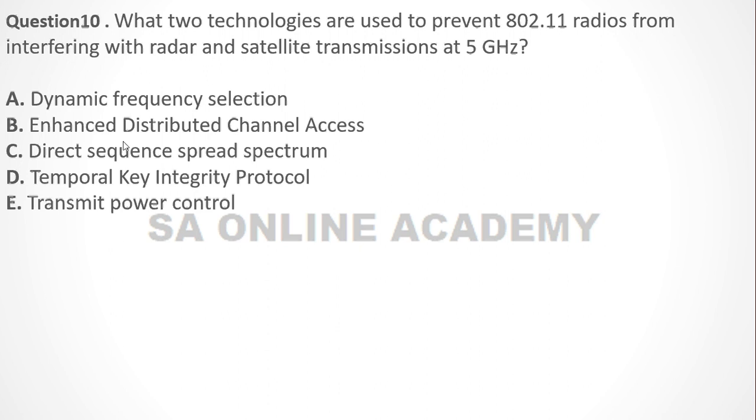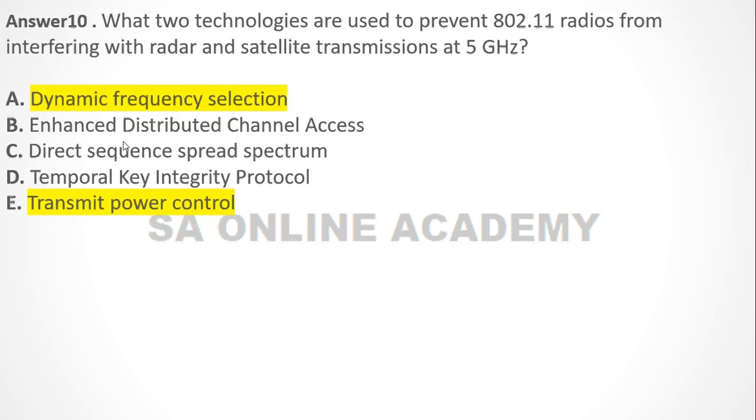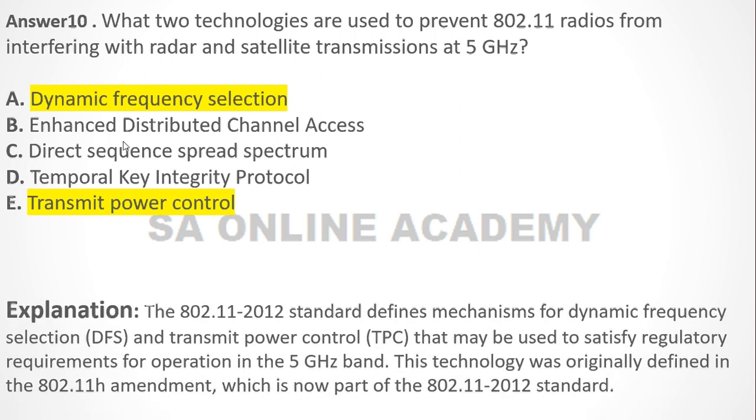This question is related to 802.11h that we discussed. Two technologies were introduced in 802.11h, that is A and E: DFS, dynamic frequency selection, and transmit power control. These two technologies are used to prevent interference with radar and satellite transmission.